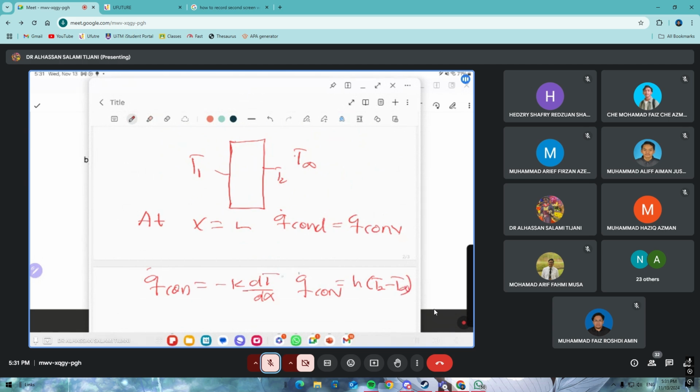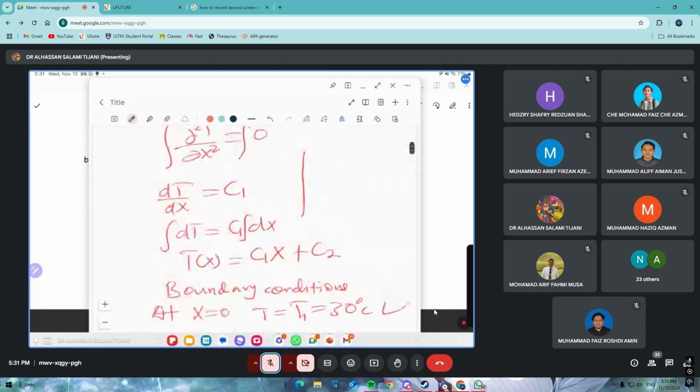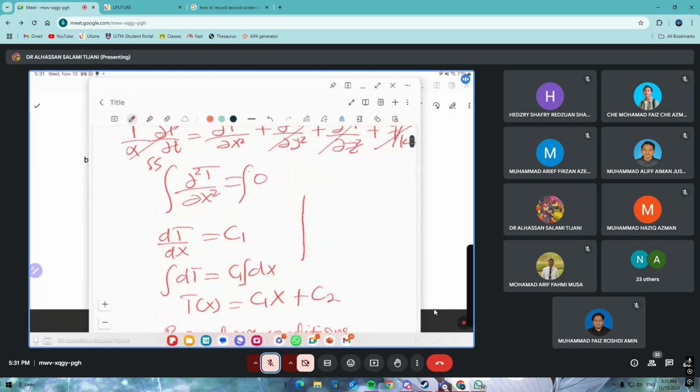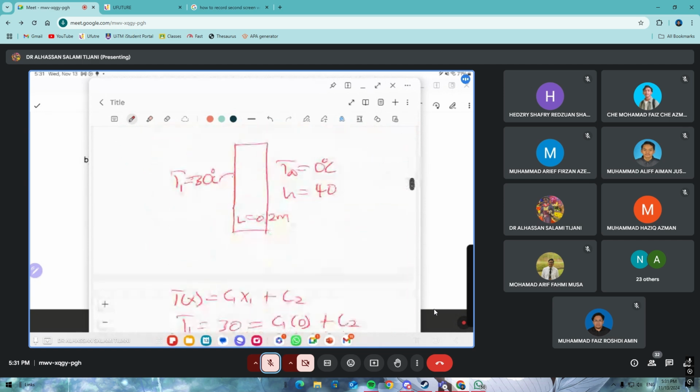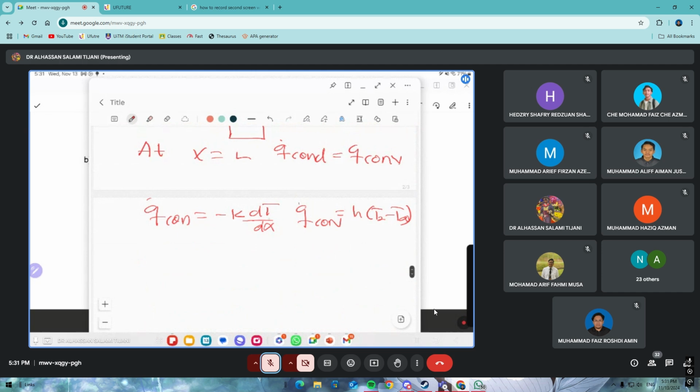Okay, so we know the dT over dX in this equation. The dT over dX equals C1. Okay, so whenever I see dT over dX, I replace it by C1.